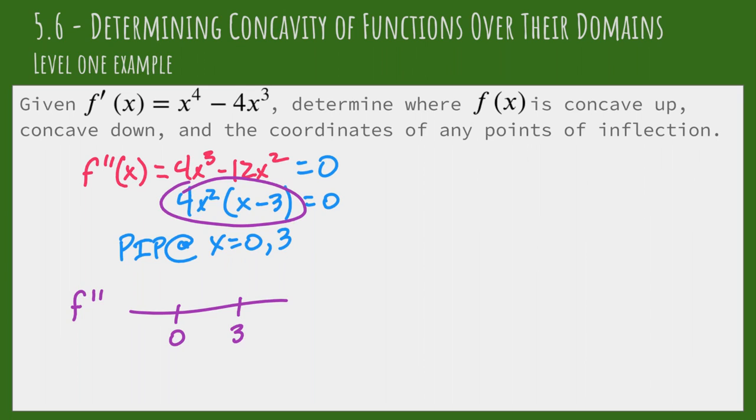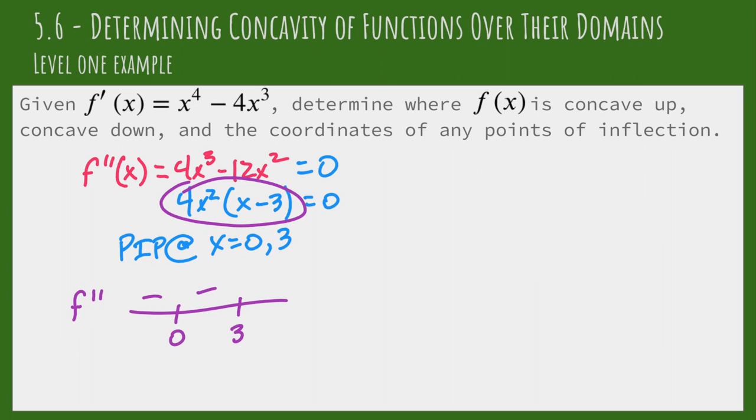So if I plug in any negative number, the x squared is always going to be positive. So we have a positive times x minus 3. If x is negative, that's going to be a negative. So positive times negative is negative. If we plug in a number between 0 and 3, say 1, we still have the x squared as positive. 1 minus 3 is negative, so it's still going to be negative.